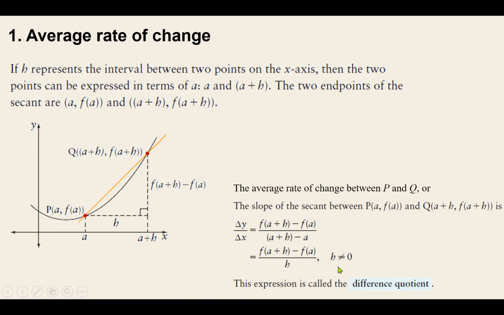Of course, h cannot be 0, otherwise Q is on top of P. Then this expression is called the difference quotient. This is just another expression of the average rate of change. But in nature, they're the same, right? The average rate of change is just difference between y over difference between x. You understand?